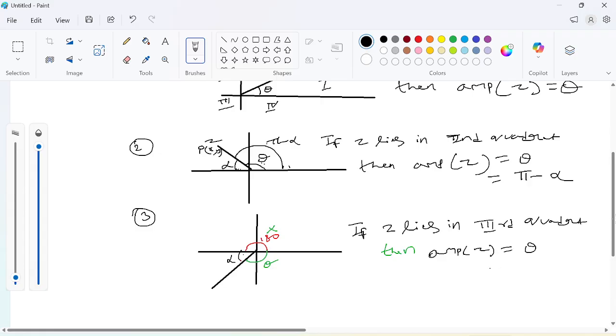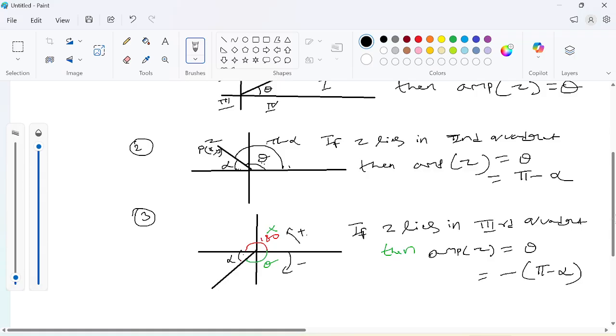The amplitude of Z is equal to theta, which will be equal to minus of pi minus alpha. That means I'm coming in the clockwise direction. If I'm coming in the clockwise direction, it will be minus. If I'm going in the anti-clockwise direction, it is plus. So if this entire thing is pi, this is pi minus alpha, but it is minus because I'm coming in the clockwise direction.